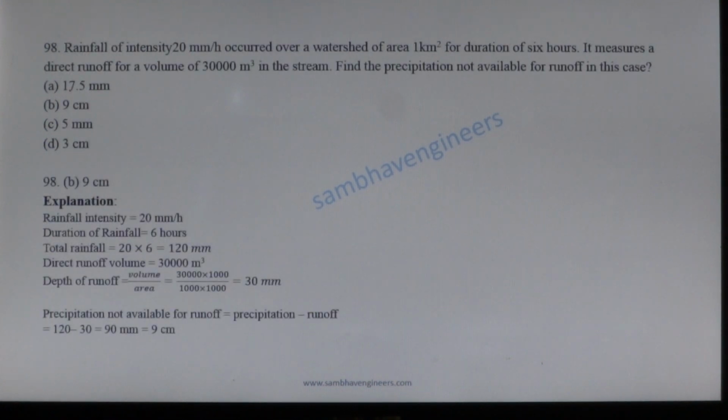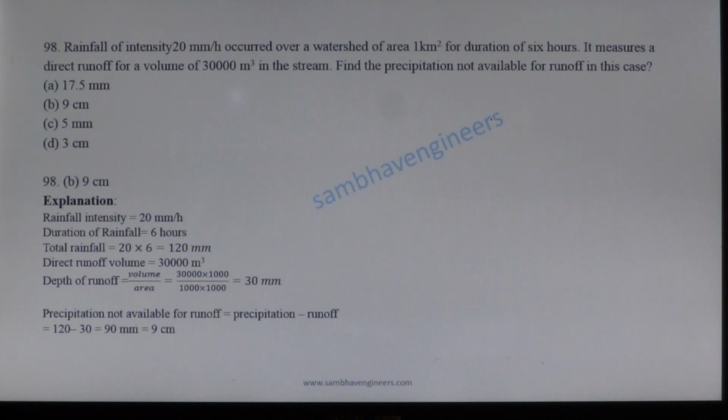Next question. Rainfall of intensity 20 mm per hour occurred over a watershed of area 1 square kilometer for duration of 6 hours. It measures a direct runoff volume of 30,000 cubic meter in stream.